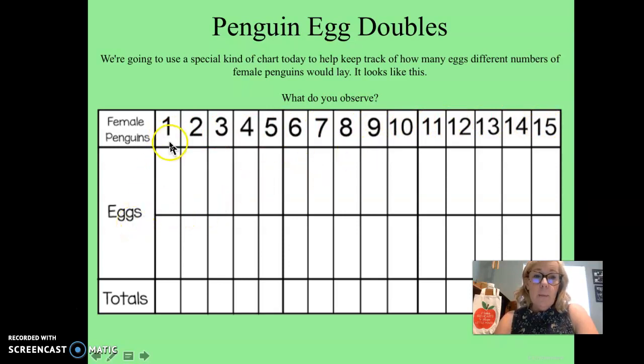Eggs. 1 penguin will lay 2 eggs. Totals. 1, 2 equals 2 eggs. If I add 2 more eggs in this column, now I have 1, 2, 3, 4 eggs.